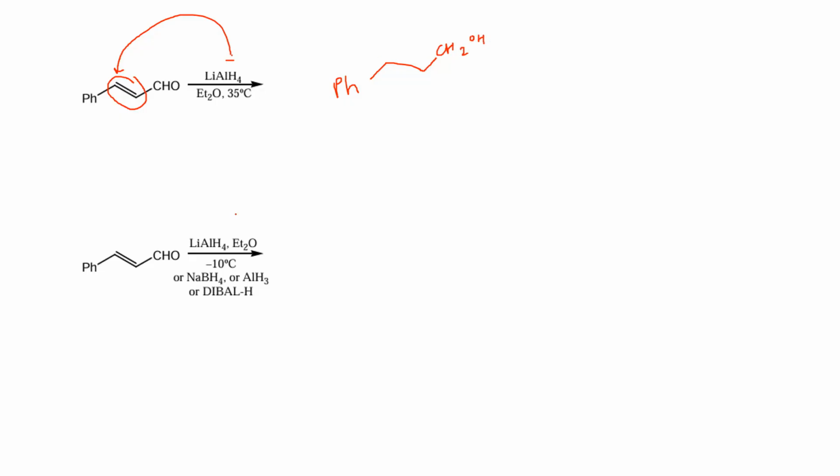But if you perform the reaction at low temperature or with any other reducing agent like DIBAL-H or NaBH4, in that case this double bond remains unreacted and we specifically get the carbonyl reduction.